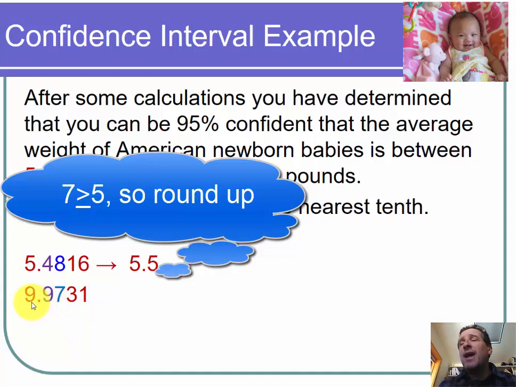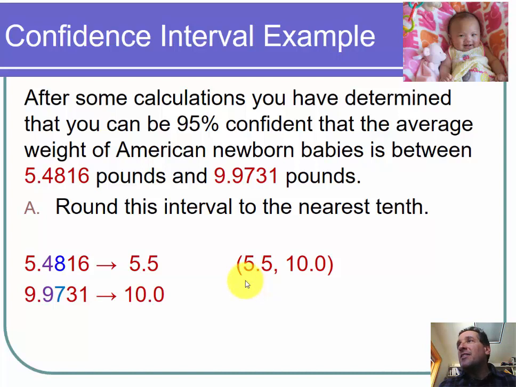Another way of looking at it is we have this 9.9, and we're going to add 0.1 to it. 9.9 plus 0.1 is 10.0. So now we can answer the question. We can say that the interval for newborn babies is between 5.5 and 10.0 pounds.